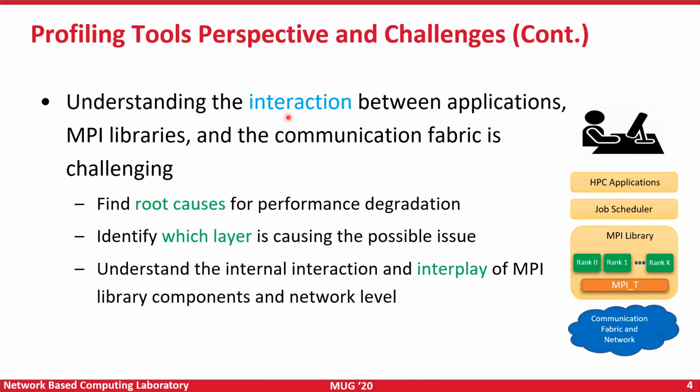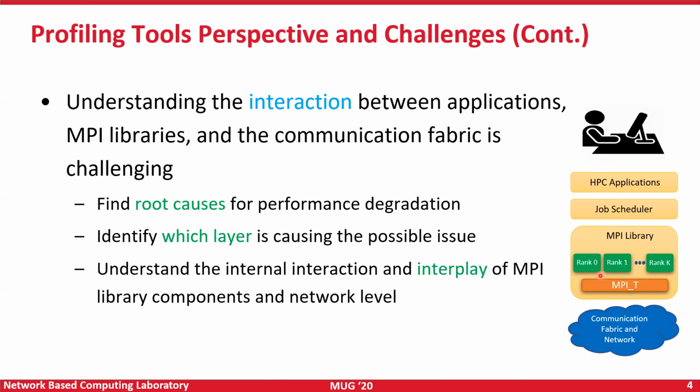INAM enables people to understand the interaction between applications, MPI libraries, and the communication fabric, so that you can find, for instance, root causes of performance degradation, identify which among these different layers is the possible cause, and also understand the interplay between the internal MPI protocols being used and how that impacts your communication network.